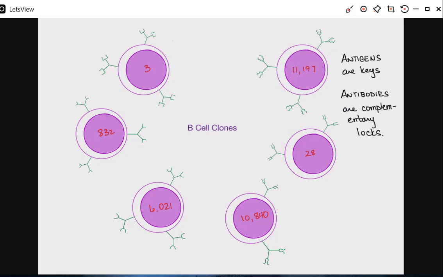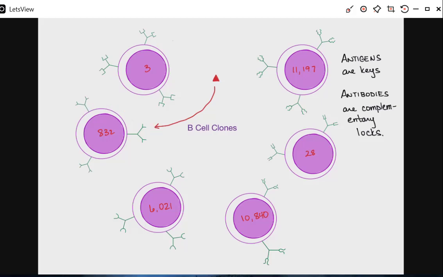So, if we have this triangle antigen, then we know that the B cell we want to become active and make a whole bunch of antibodies for us is going to be this one, because when that B cell starts making its own antibodies, they are identical copies of what it displays.